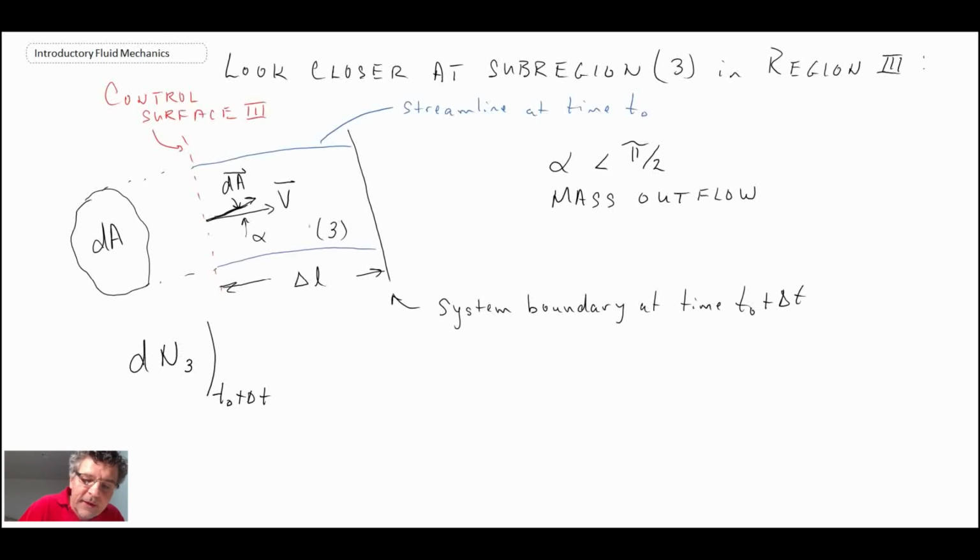So this is the differential element that we're looking at here, is equal to our intensive property eta times the density rho times the differential element of volume in this little differential element that we're looking at. And the volume of this is just going to be the area times the length.